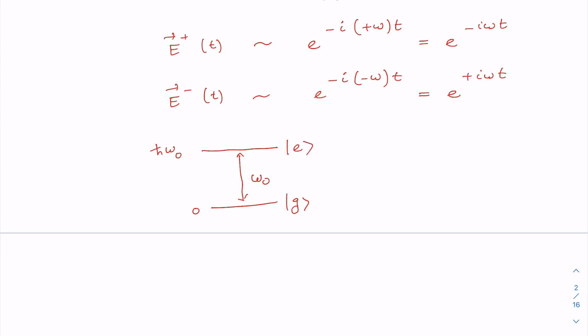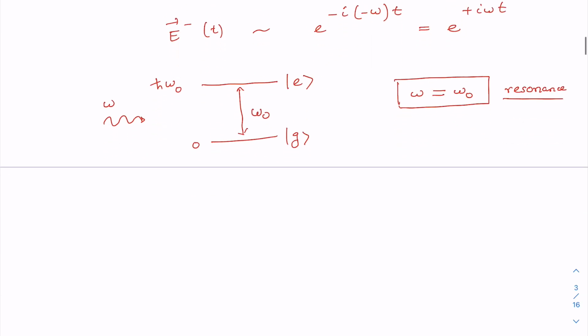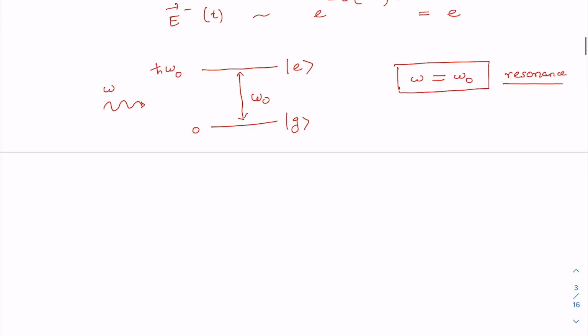When the laser frequency ω exactly matches the transition frequency, when ω is equal to ω0, we say that the laser is in resonance with the atom, or this is generally known as the resonant interaction.